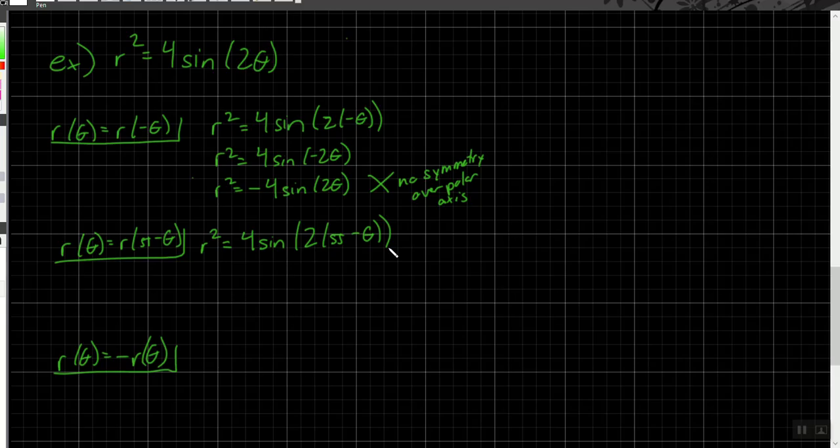Is this function the same function as that? No, so then no symmetry.